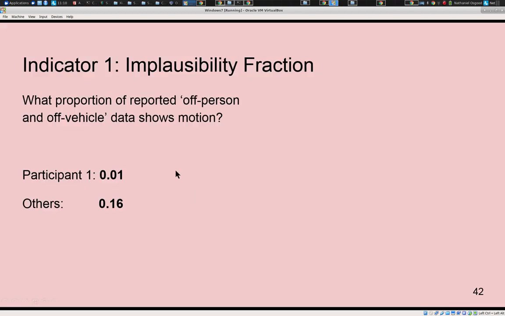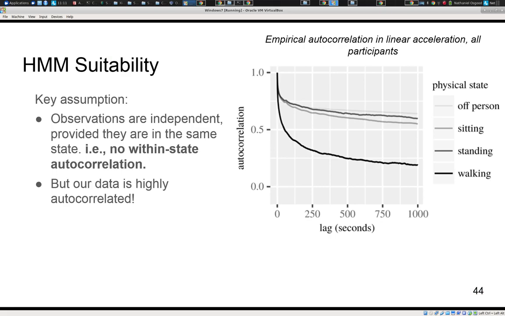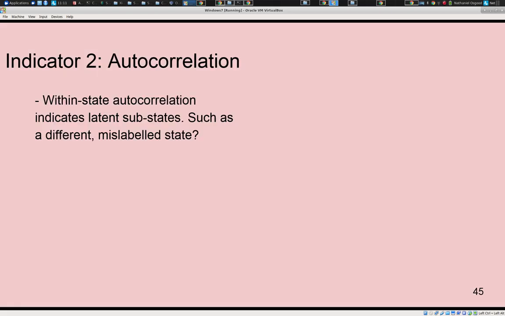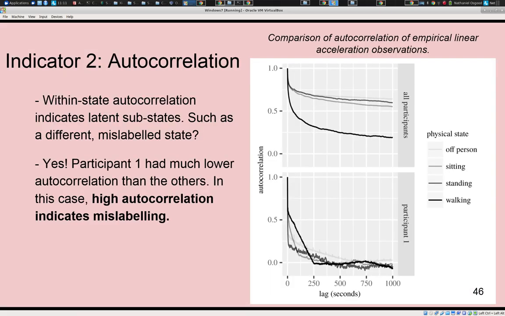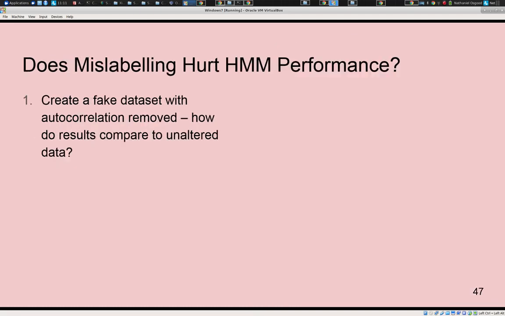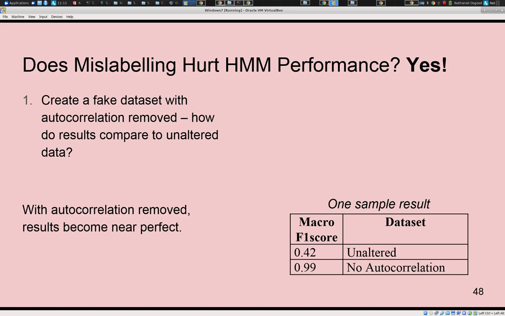And there's one participant particularly which had excellent data quality consistently across these different metrics. Okay, and it was consistent with an explanation for the autocorrelation as well.